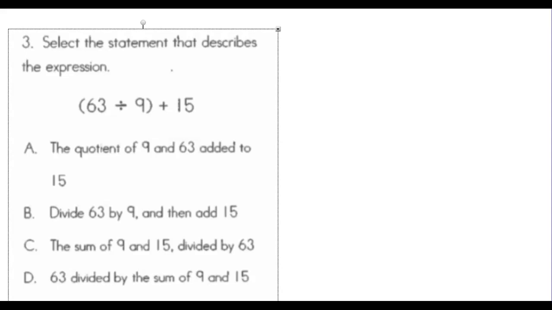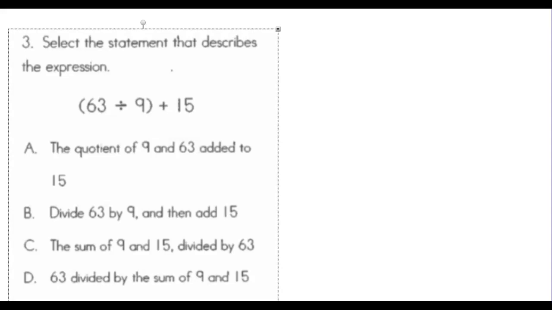All right, then we have B, divide 63 by 9 and then add 15. And then we have the sum of 9 and 15 divided by 63. And then we have on D, 63 divided by the sum of 9 and 15.